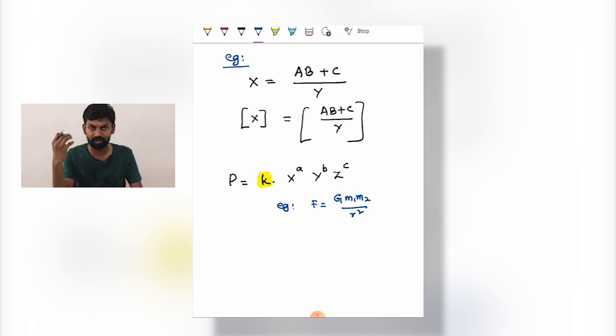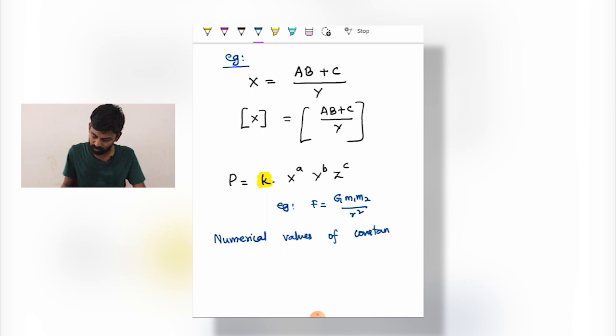But when you are drawing the relation with the help of dimensions, you will not be able to find the values of dimensionless quantities. So the first thing: numerical values of constants can't be found using this method.